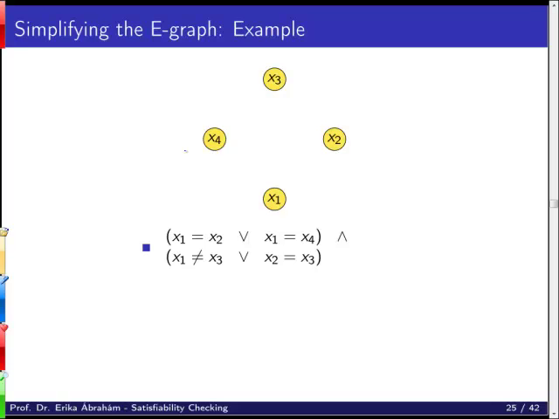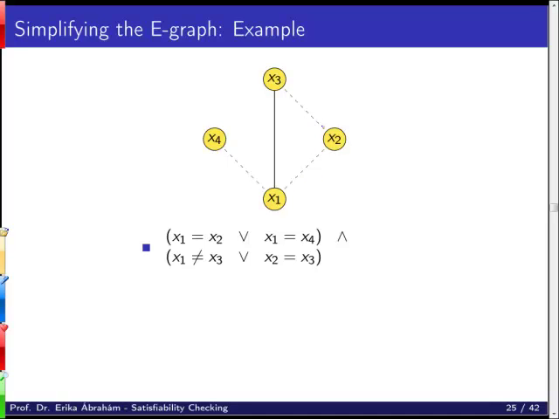I have here Boolean combinations of equations and inequations. So x1 equals x2 would result in this edge. x1 equals x4 would result in this edge. x1 does not equal x3. And x2 equals x3. Yeah, this is the graph.